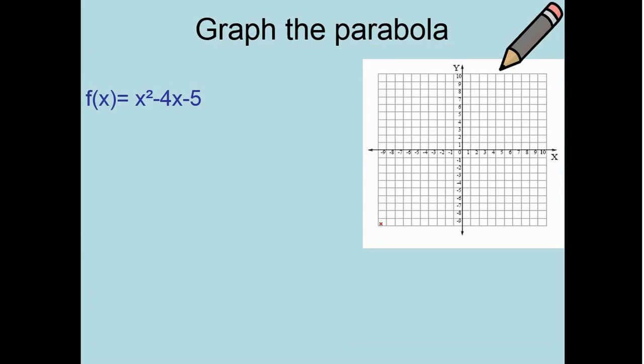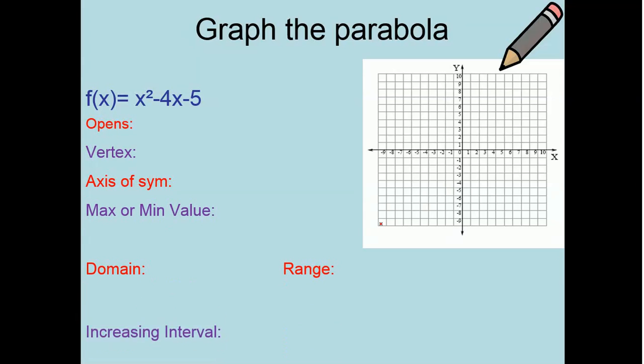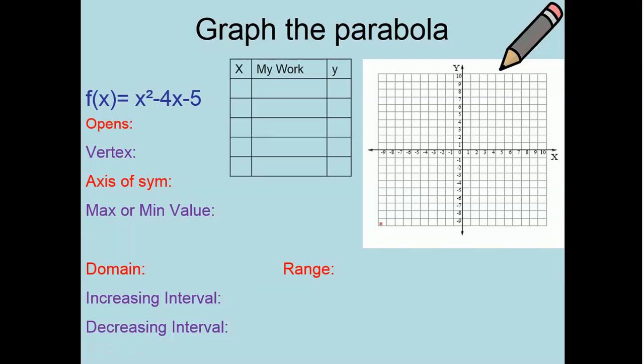So I have this equation right here, x squared minus 4x minus 5. It's in standard form. I'm going to want to answer multiple questions here, but the first thing, let's graph it. You're going to want to find your vertex first, because that's going to help you build your table.